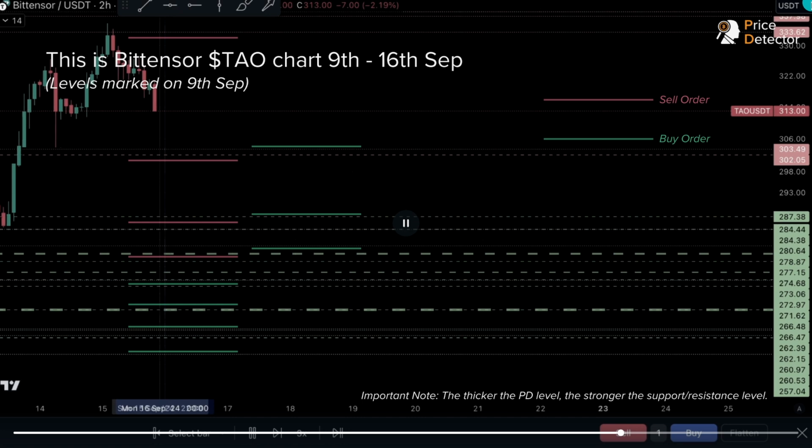Let's say you come in and price is just near the top of the current view. What you could do is, again, put in your levels calmly above the current PD support and rinse and repeat.